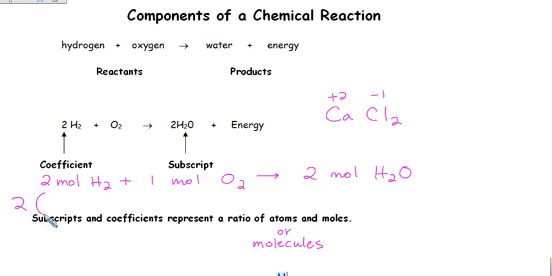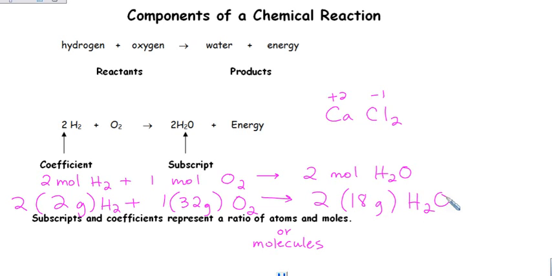Molar mass of H2 hydrogen, to make it simple, let's just say about 2 grams. 1 mole of oxygen, O2, maybe about 32 grams. 2 moles of water. Again, if we round, let's say water's mass is about 18 grams.